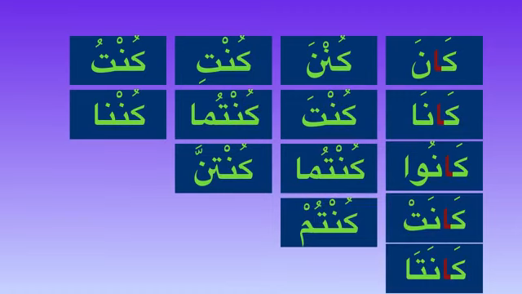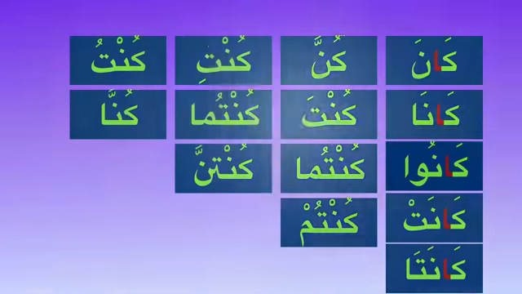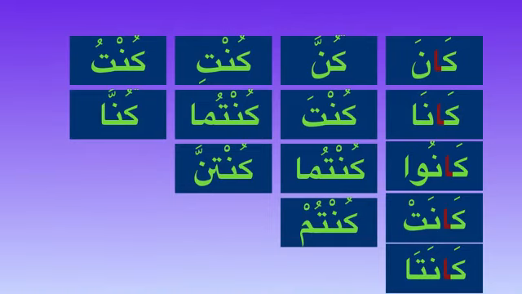If we look at hunna, the way it's written is that the noon will get a shadda because it's got two noons, with the sukoon and the fatha. So it will be written as kunna, and the same thing happened with nahnu. Here we have to give it a little bit of elongation. Kunna means we were. So these are the two simple things you need to remember inshallah.